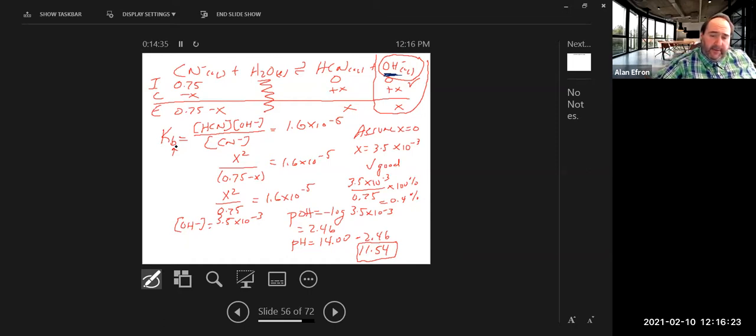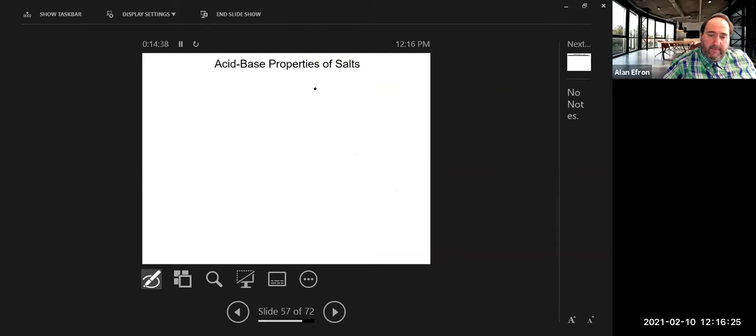So for example, let's say we had a salt like ammonium nitrite. When it breaks apart, you have NH4 plus and NO2 minus.